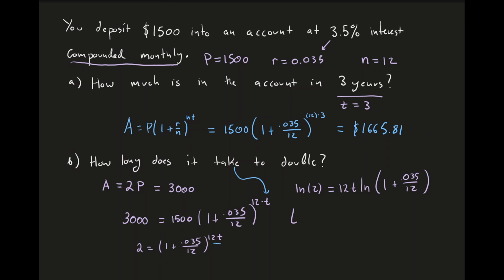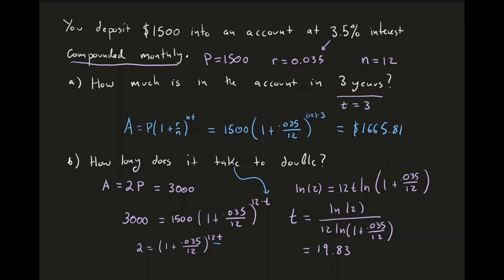So t is equal to log of 2 divided by 12 log of (1 plus 0.035 over 12). Punching that into my calculator, I get that this is going to double in 19.83 years.